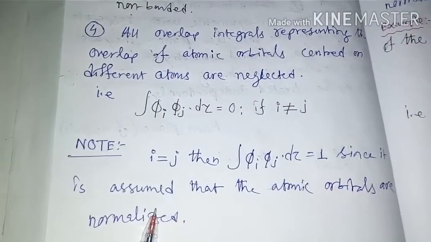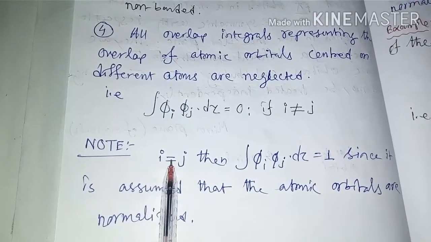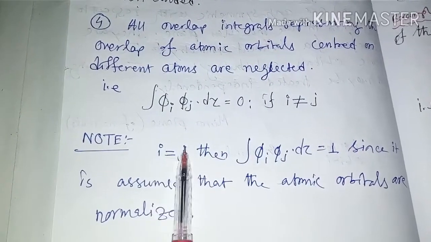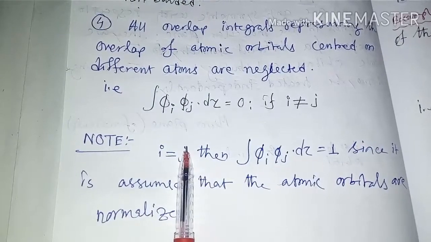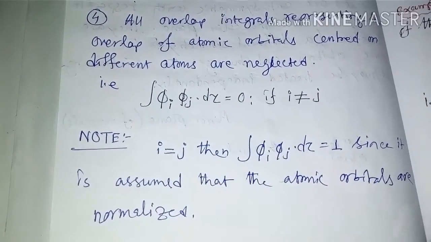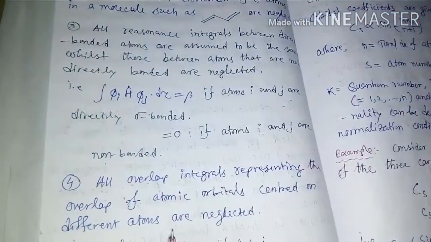So when will it be normalized? If I equals j: suppose I value is 1, then j will also be 1; suppose I value is 2, then j will also be 2. Then this equation is normalized. So this is the basic assumption. You have to know this basic assumption of Huckel's theory.